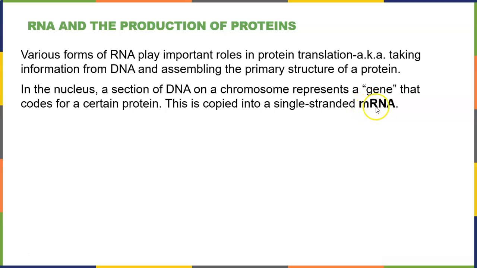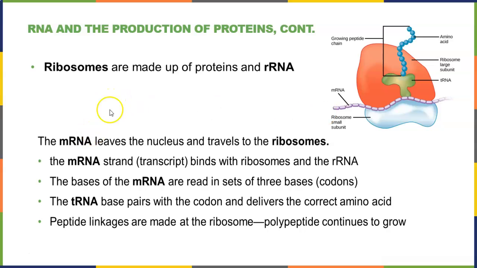A copy of it is going to be made into this molecule called mRNA. mRNA is going to leave the nucleus and go to these things we said were ribosomes. So we'll get into a lot more of this later. You can look at these on the slides. I don't want to bog us down here because this is really what we get into with genetics, but this is a good preview of what that's all about.